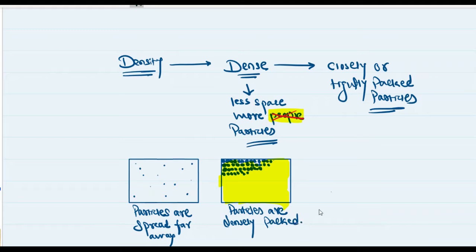Now you can visualize the actual meaning of the word density in both the cases. Denseness is there in both, but it is different. Here the denseness is less because the particles are spread far away, and here the denseness is more.